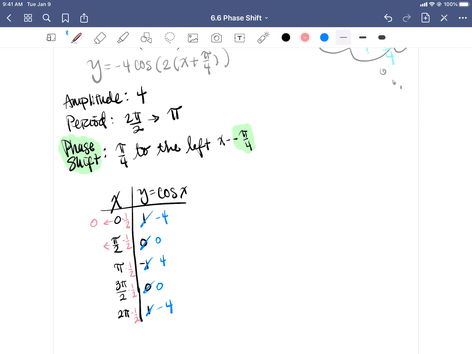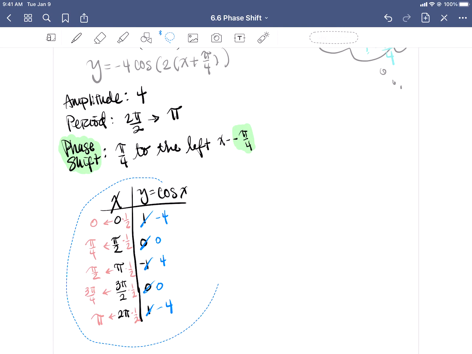So this is 0, this is pi over 4, pi over 2, 3 pi over 4, pi. And so again, just to say it again, the period can be found right here. That's where you find it. And then the last thing, I gotta add the phase shift to my x values.